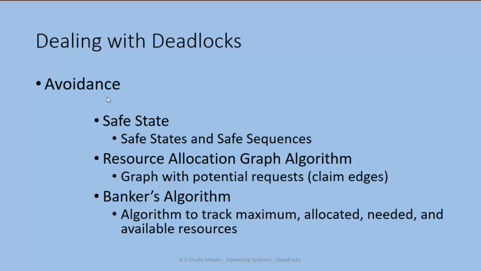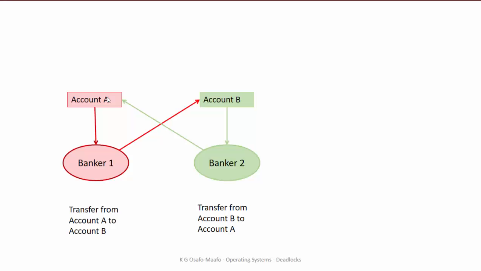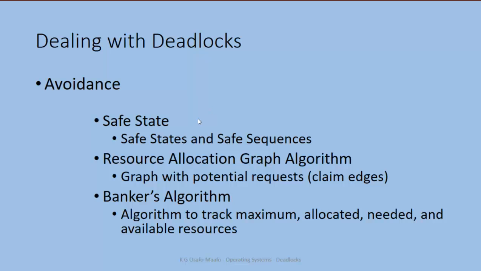So that is what safe state and safe sequences are about. The second one, of course, is resource allocation graphs. And that looks like the circles when we're looking for the circular diagram. So here we're trying to find circles. The resource allocation graph tries to find these circles, or at least tries to say, can I detect when they will happen? The banker's algorithm is a different type of approach where you're trying to keep track of multiple resources.